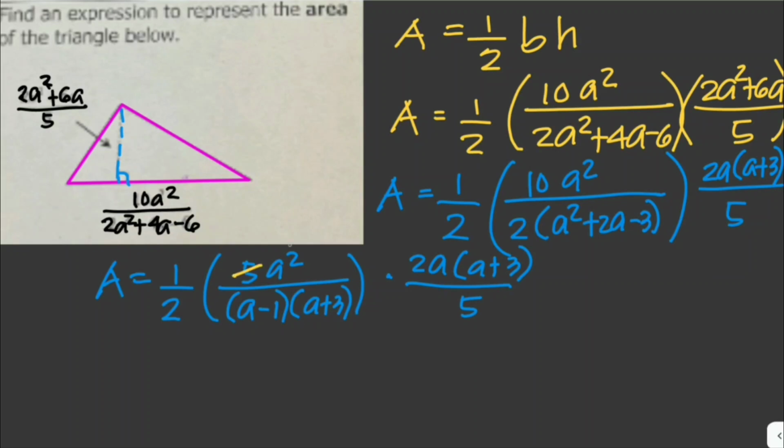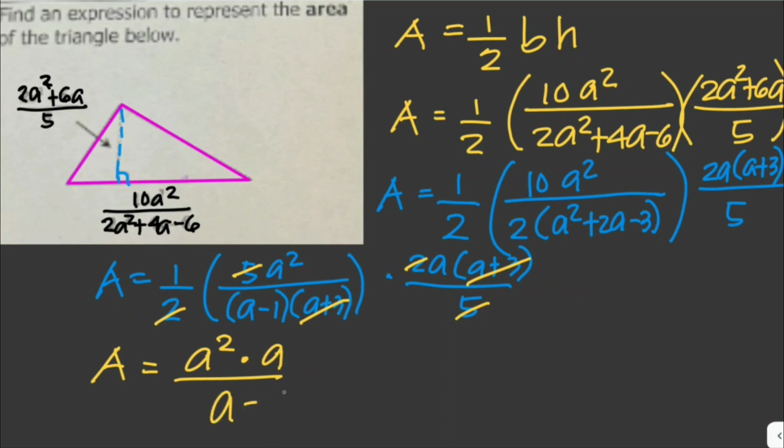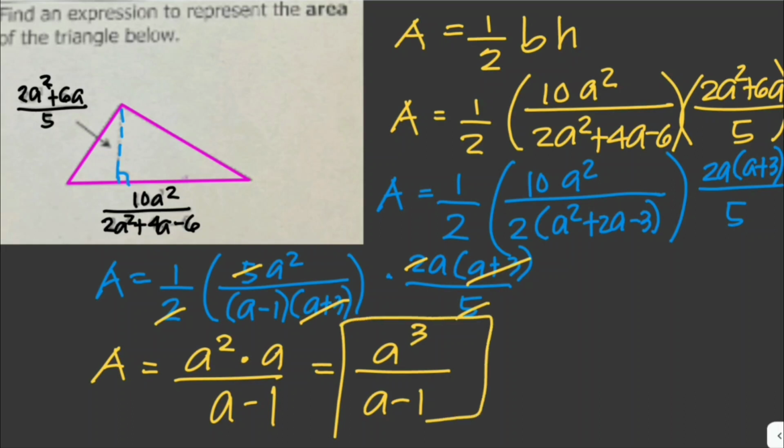Then 5 here cancels out, as well as 2 and also a plus 3. Therefore, our area is just equal to a squared times a over a minus 1, or a cubed over a minus 1. So this is our area.